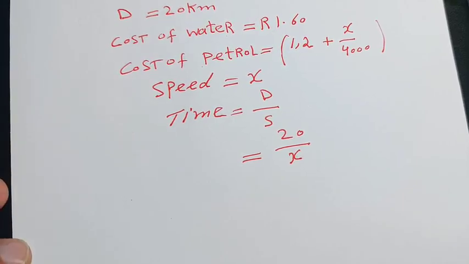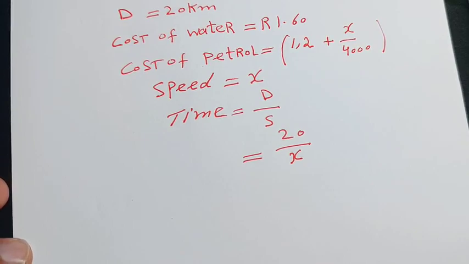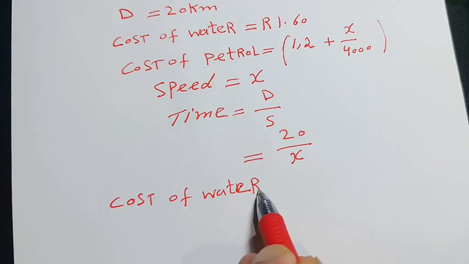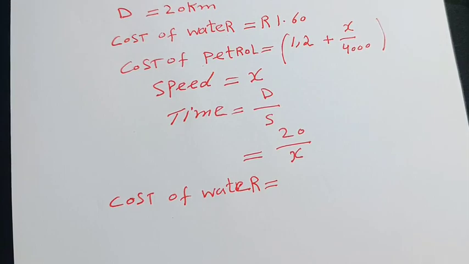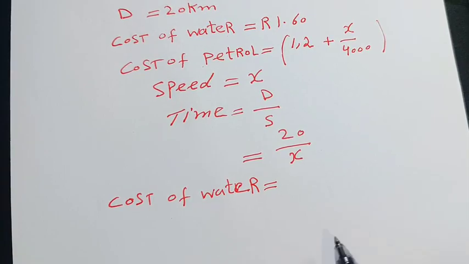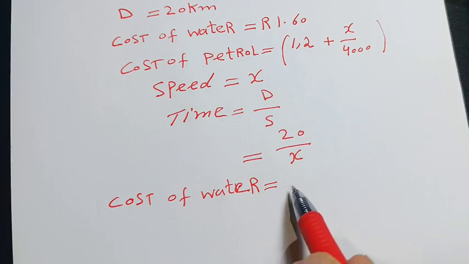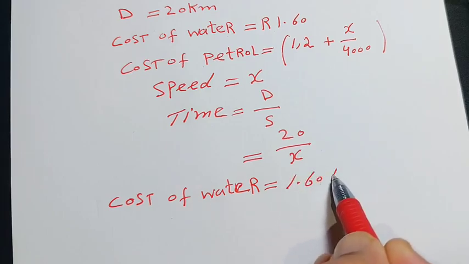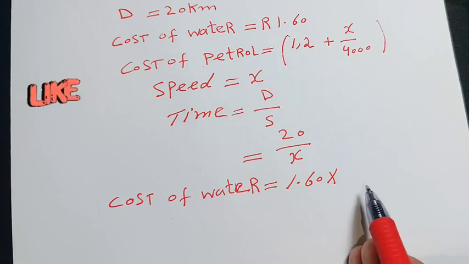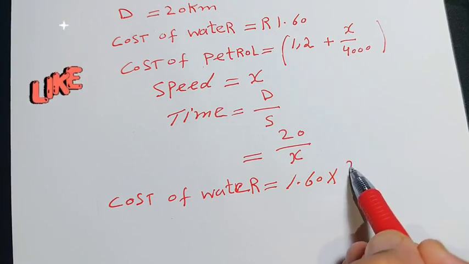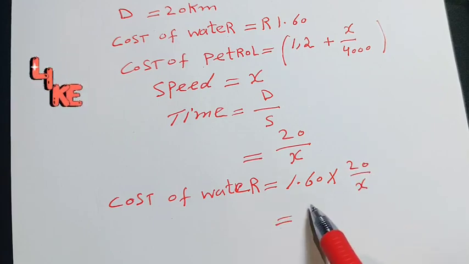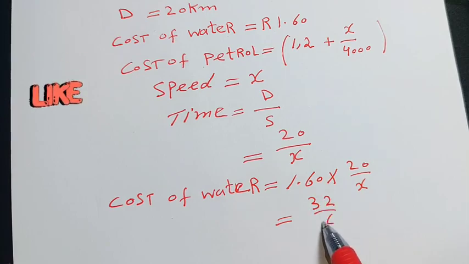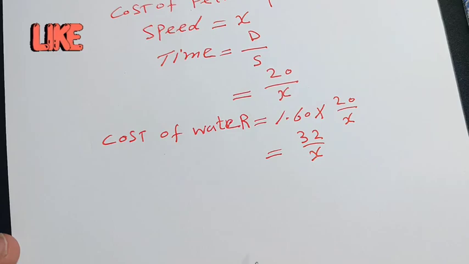The cost of water is the rate of water flow multiplied by time. So the 160 cent multiplied by the time, which is 20 over x. We simplify here using the calculator. The answer is going to be 32 over x. So this is the cost of water.